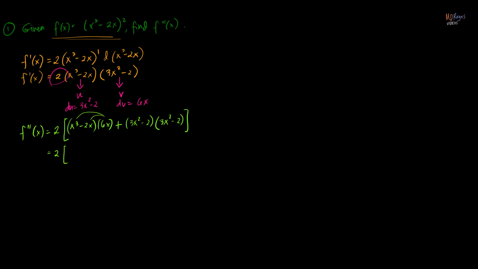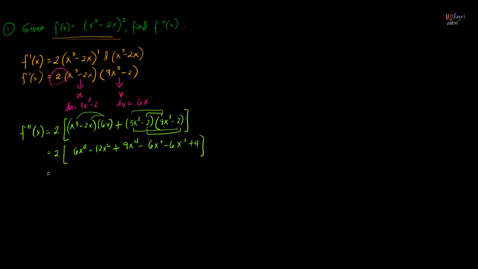Distribute 6x inside x cubed minus 2x, and we'll get 6x to the 4th minus 12x squared. Plus, using FOIL method here, multiplying 3x squared and 3x squared, we get 9x to the 4th. This 3x squared and negative 2 will give us negative 6x squared. This 2 will give us 6 minus 6x squared, and then finally the last terms will give us plus 4.